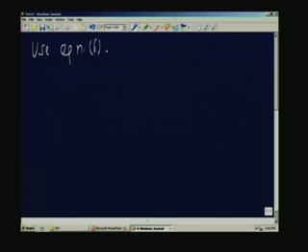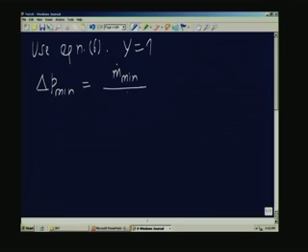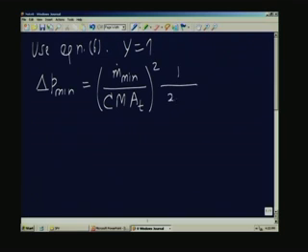Of course, with the assumption that Y equals 1, there is no expansion factor, the compressibility effect is not there. Therefore, I can say delta P minimum by using that equation is m dot minimum divided by C m A at the throat, whole squared, multiplied by 1 over 2 times rho.